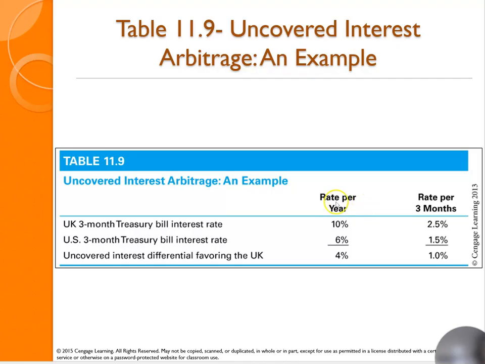As you can see, the rate per year is 4% higher in the United Kingdom than in the US, and the rate per 3 months, in other words, per quarter, is 1% higher. So there is an advantage to buying a UK Treasury instead of a United States Treasury.